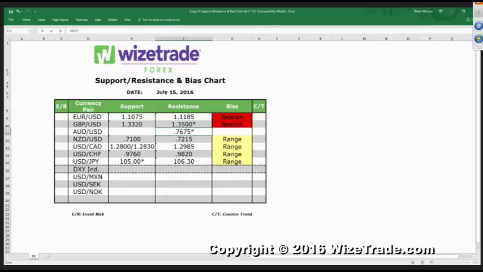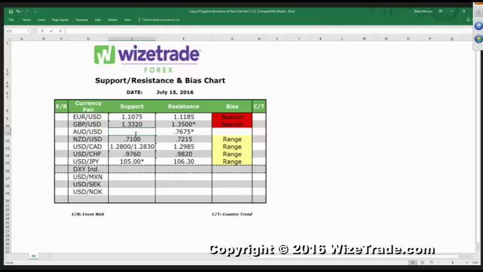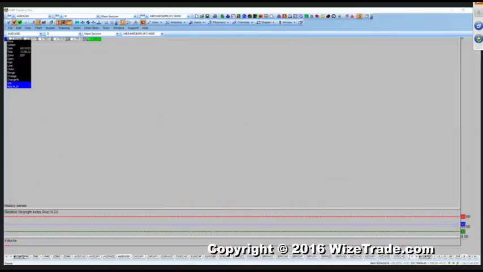That's going to be resistance, and then support is 76 still. Okay, it's a range.